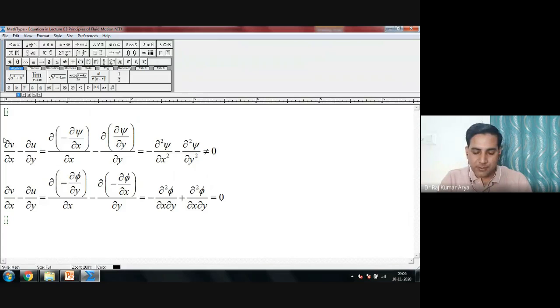Practically, for the irrotational condition your angular velocity must be zero.